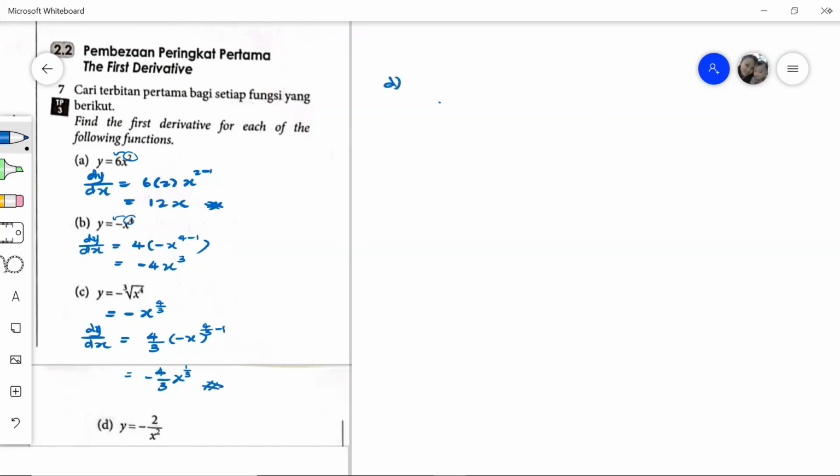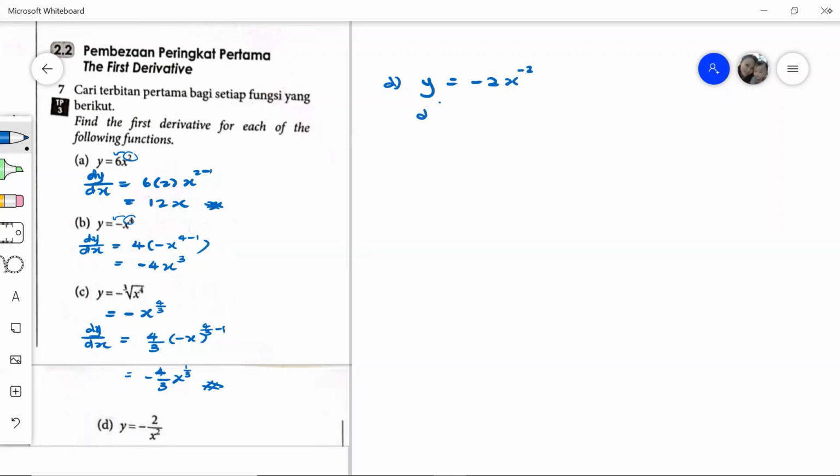And for part D, y equals negative 2. Always write in the index form a to the power of n. So if we have the variable in the denominator, bring it up and write it as x to the power of negative 2.